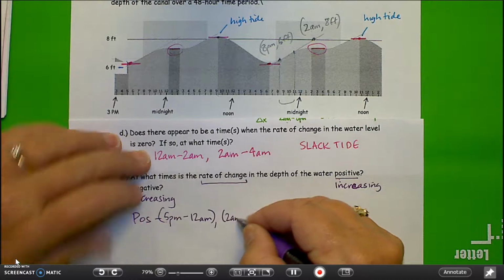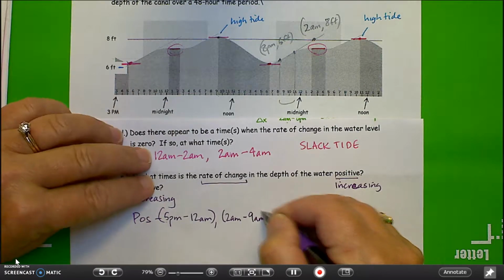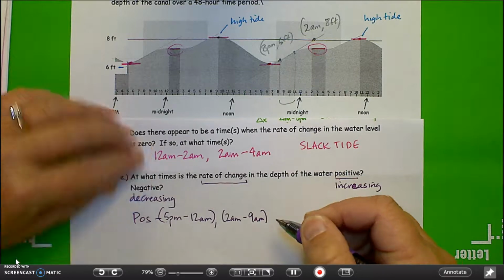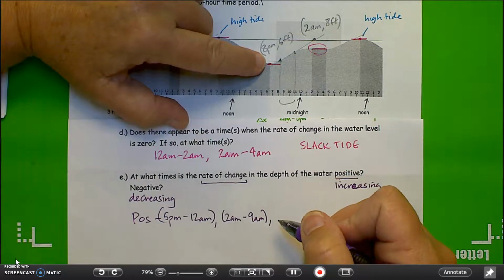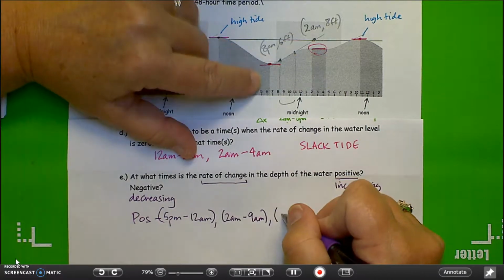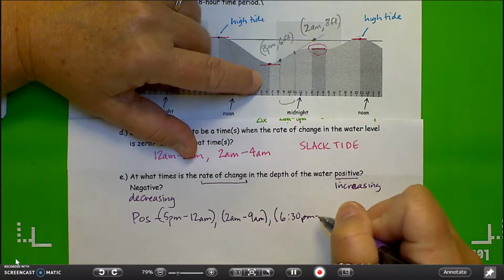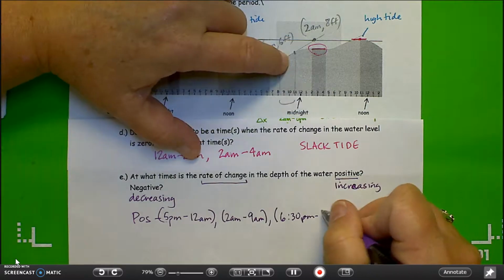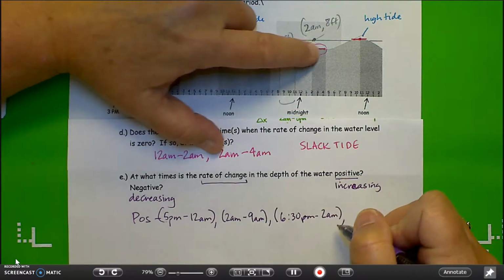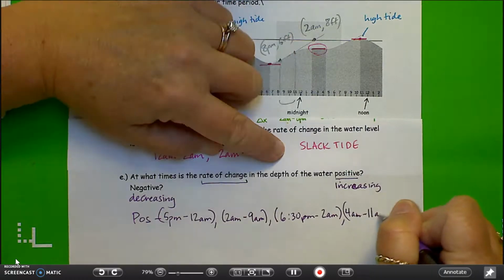I'm going to say 2 a.m. to 9 a.m. Then we're going to have a part that I'm decreasing, so I'll skip that. And increasing again here from 6:30 p.m. up to about 2 a.m. and then increasing again from 4 a.m. up to 11 a.m.